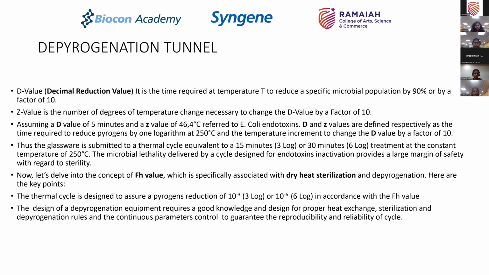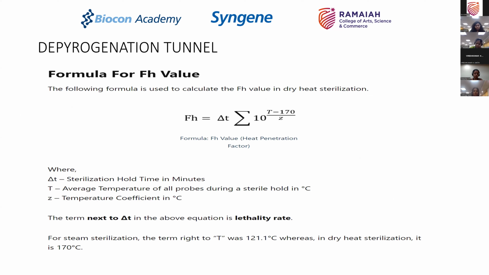The only difference is that instead of an F0, we call this an FH value, because this is based on a heat value, not an F0 value where you are just making a difference of log reduction in the microbial load. Here you are using dry heat to eliminate the pyrogens, and therefore you call this an FH value. The formula remains the same.